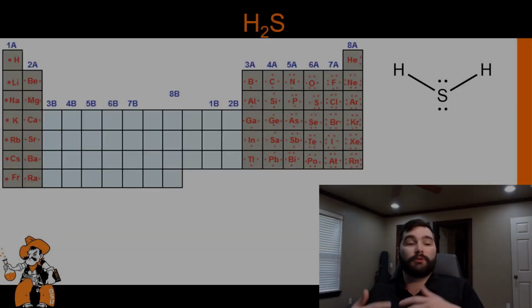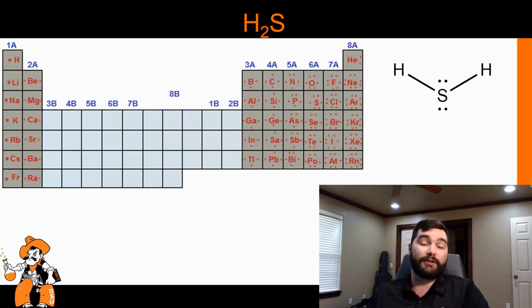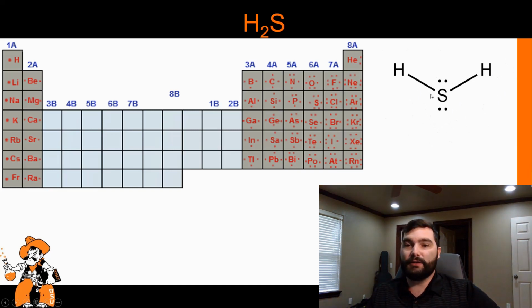So here we have our next molecule, hydrogen sulfide, which is very similar to water, H2O. So you have your central sulfur surrounded by two hydrogen atoms. You have a bent molecule here because there are 4 electron regions and 2 lone pairs.